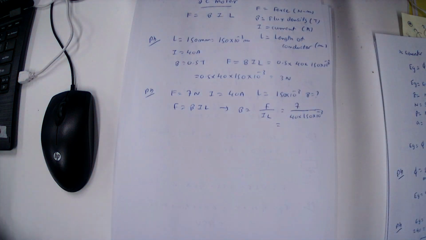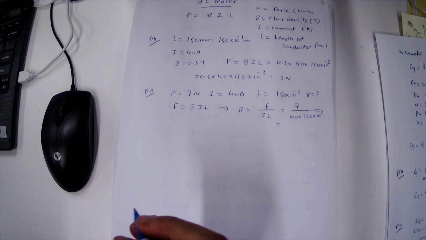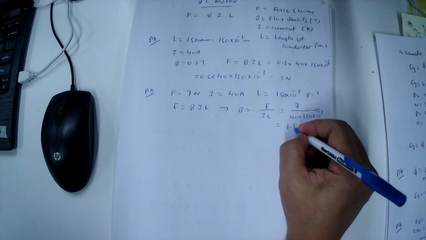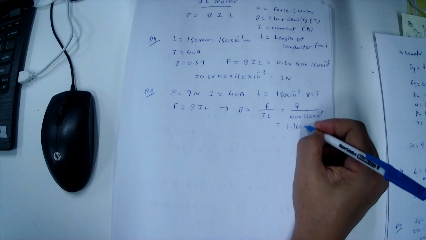So we calculate 7,000 divided by 40 divided by 150. We get 1.166 Tesla.